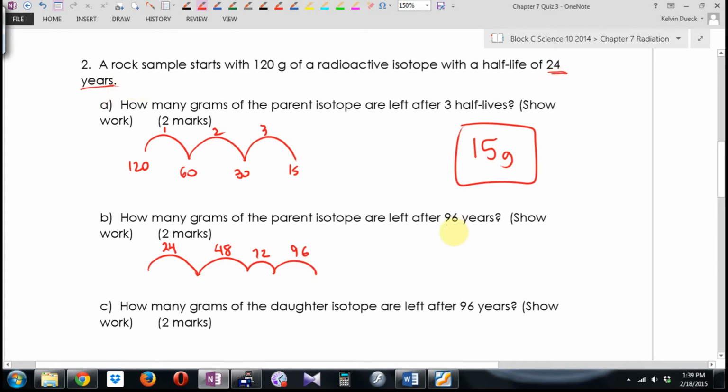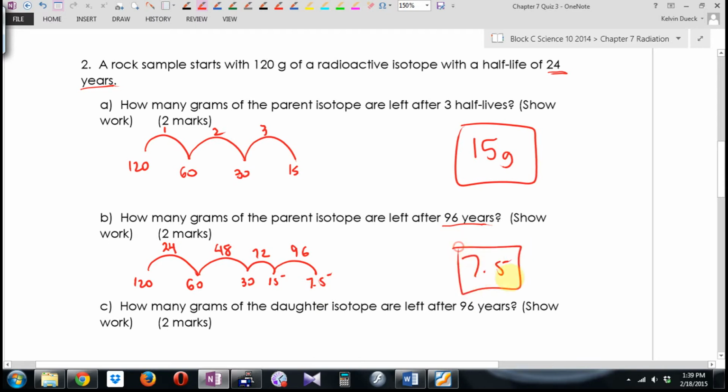Okay, because they gave me this in years, they didn't want me to do 96 half-lives. If they give it to me in years, instead of just counting half-lives, I'll put the amount of time each half-life is worth. And we started with 120, so it's going to be 60, 30, 15, you know what, 7.5.